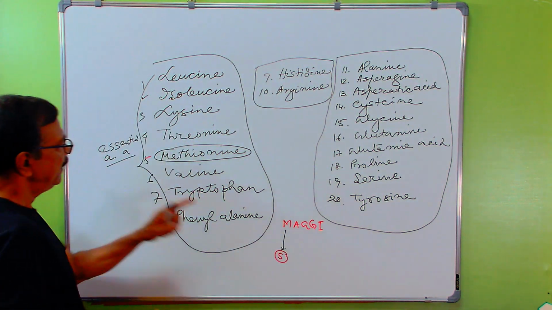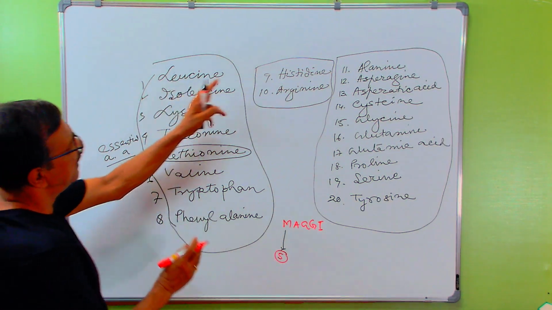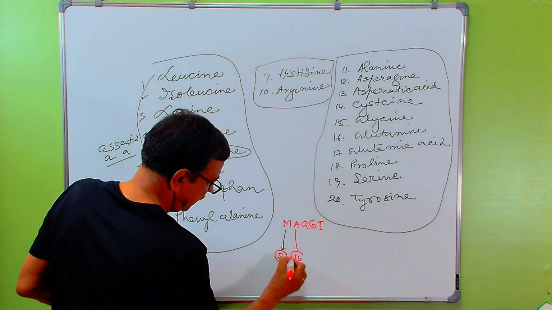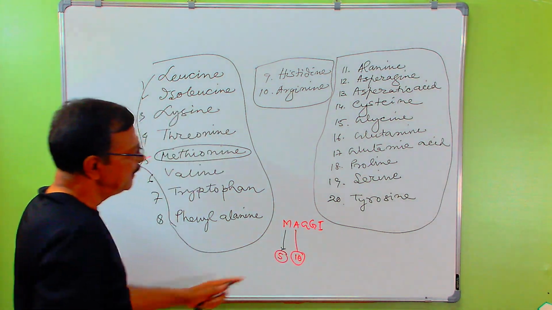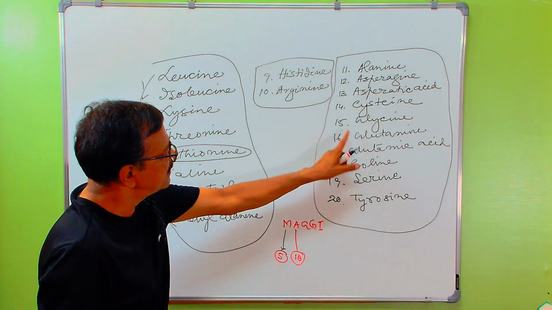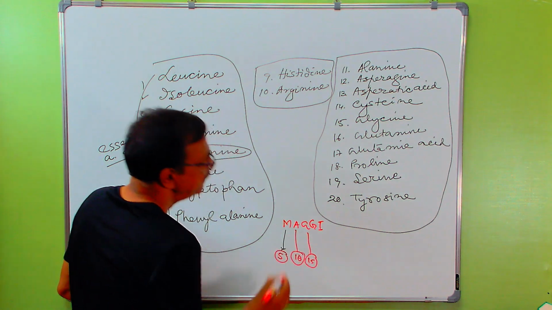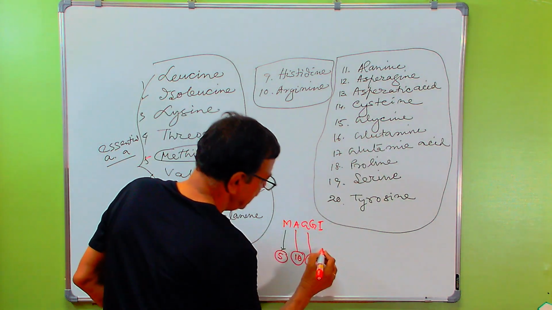A for, where is A? Arginine 10. Say 10. G for, say, glycine 15. G for 16.